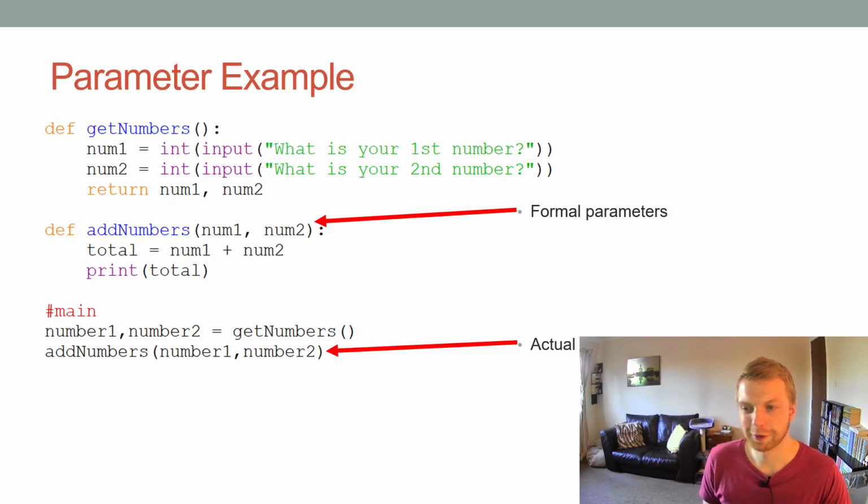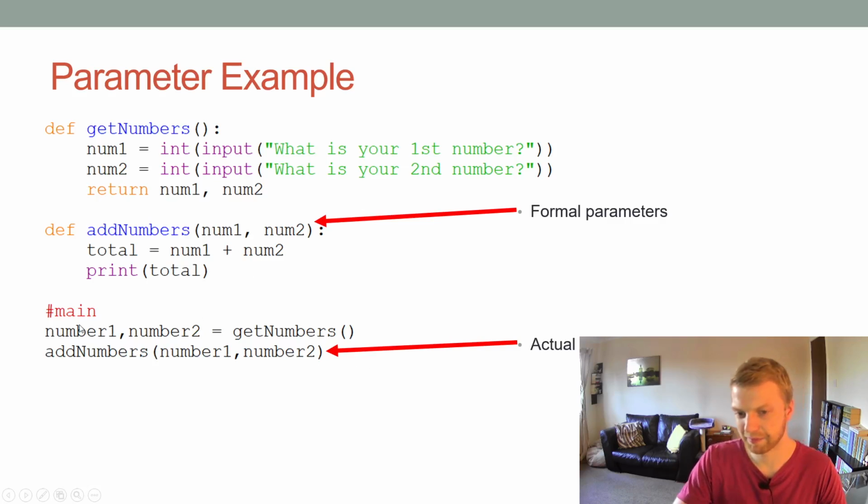If you were to go to a really fancy dinner party, there would be invites to tell you what guests to expect, and that would be a very formal event because you know everyone who's coming. So we are telling the program to expect something called num1 and num2 here, and then the actual parameters, well, I don't have an easy way to remember that. I just remember it's the other one.